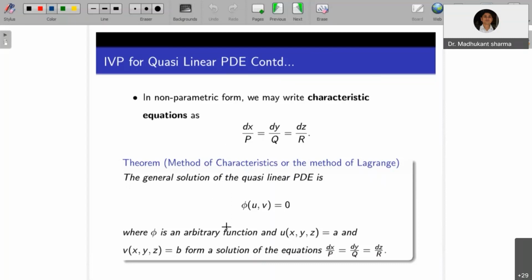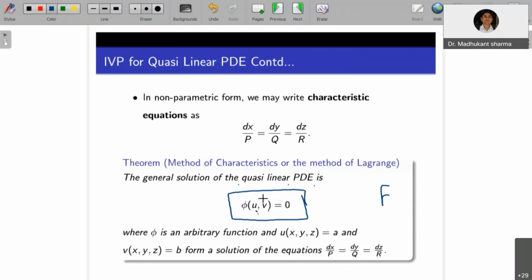The general solution of the quasi-linear PDE is going to be of this form: phi of u comma v equals 0. Don't go with this notation phi; instead you can write F, capital or small, g, h, an arbitrary function of u and v, two functions, equals 0.